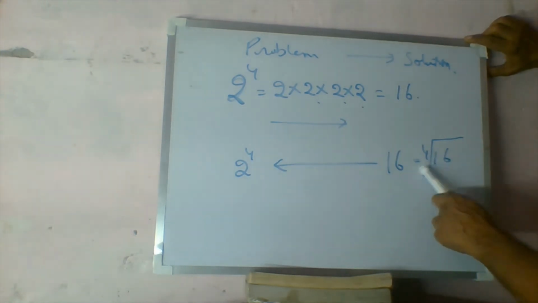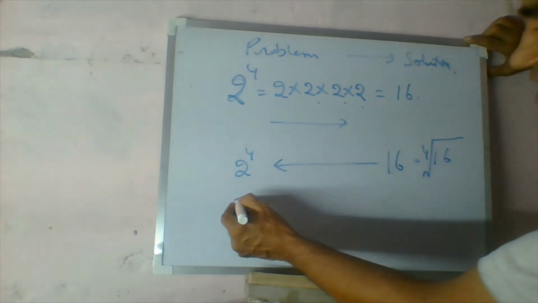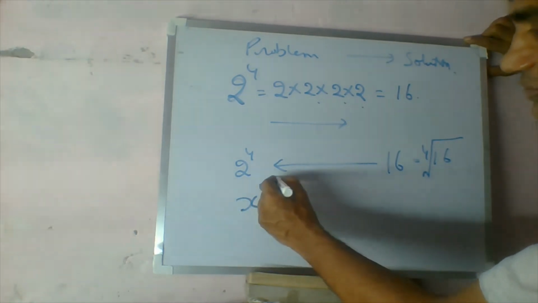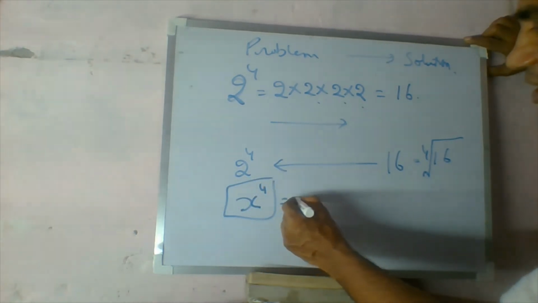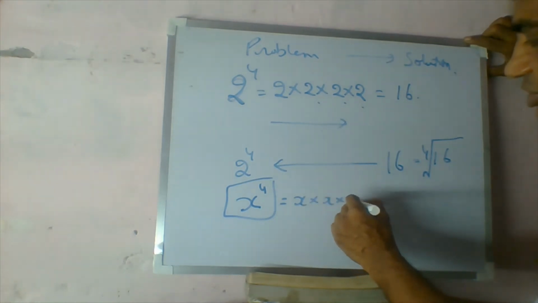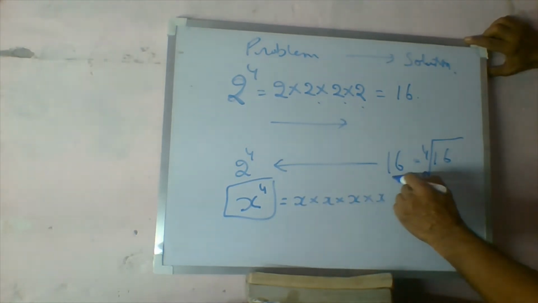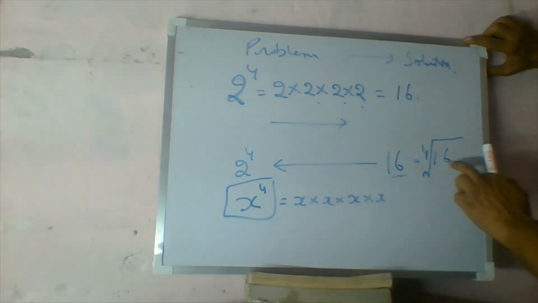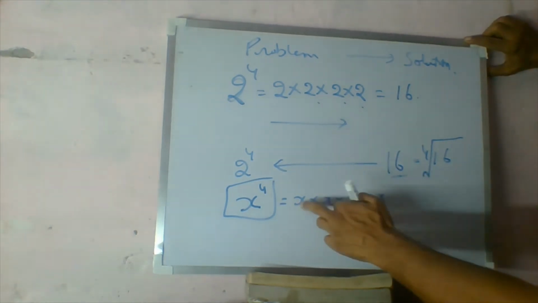What does this tell me? This tells me that there is a number that, if multiplied 4 times, then 16 will come. So the answer for this is that number.